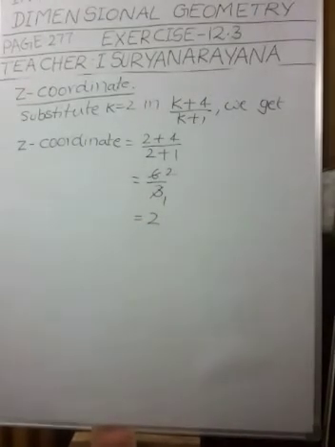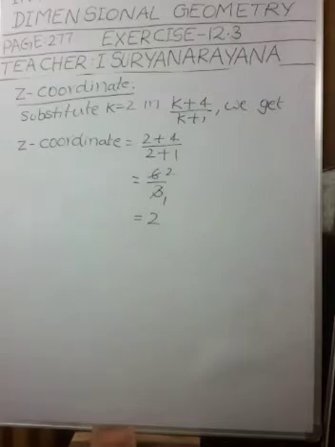The z coordinate of this point is 2. Here we got the y coordinate and z coordinate also. These y and z coordinates coincide with the given coordinates of the point C. So we can conclude that the given points are collinear.